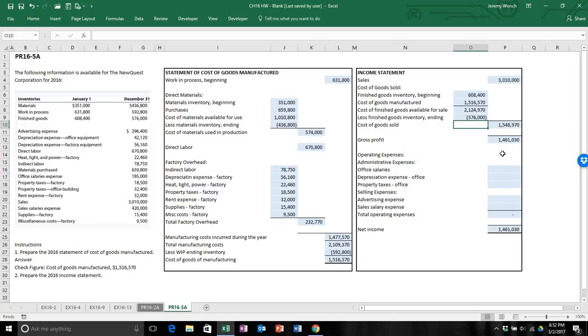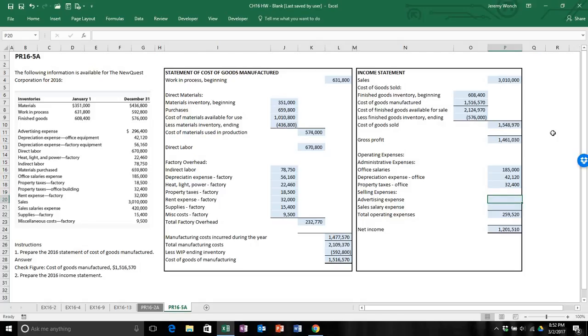So that's the hard part. Now we just have to plug in our operating cost. We had office salaries of $185,000. We had depreciation related to the office of $42,120. We had property taxes related to the office at $32,400.